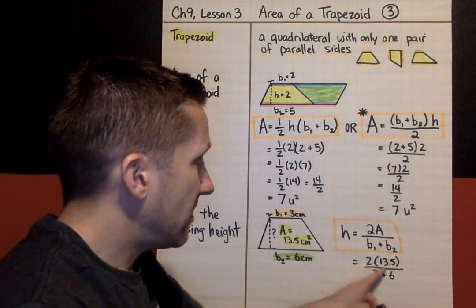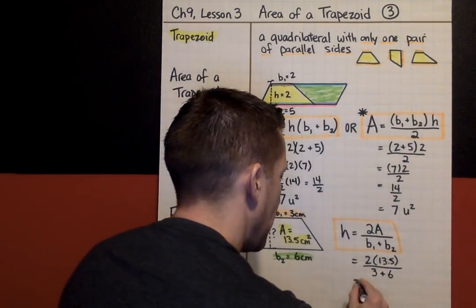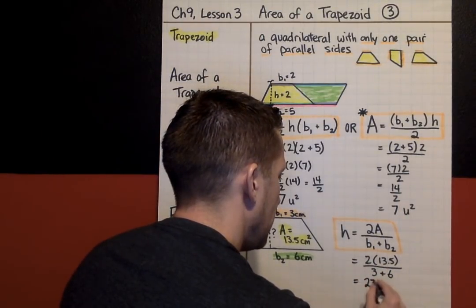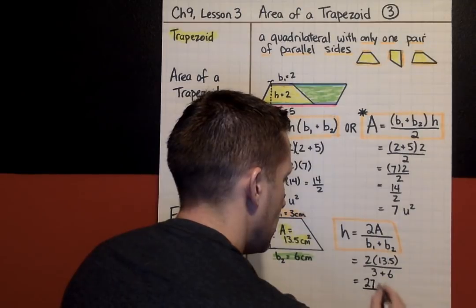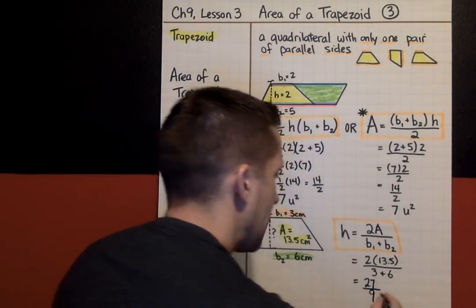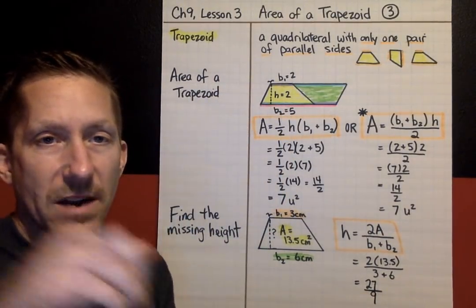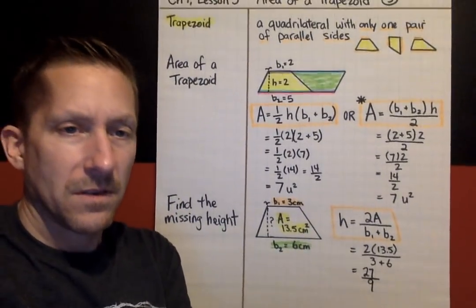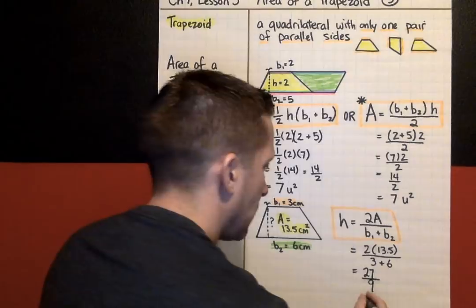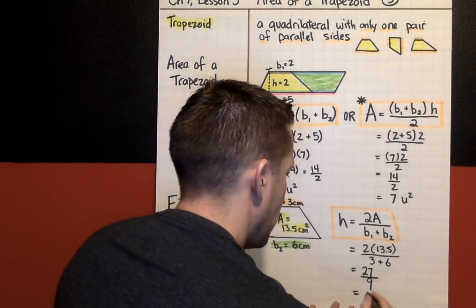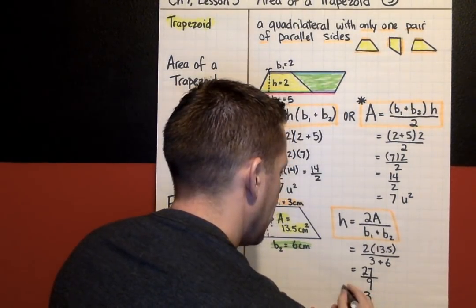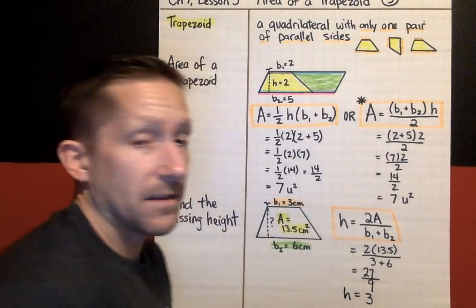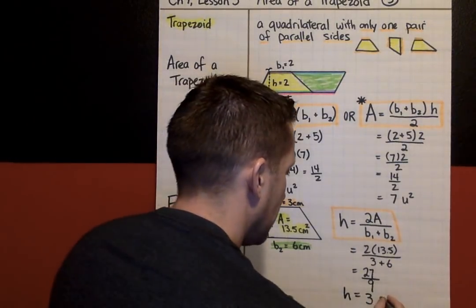Use your calculator here. 13.5 times 2 makes 27 over 3 plus 6 is 9. 27 over 9 simplifies to, how many 9s go into 27? Your answer is, your height is 3 centimeters.